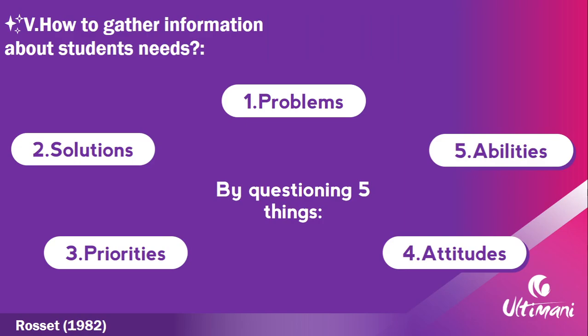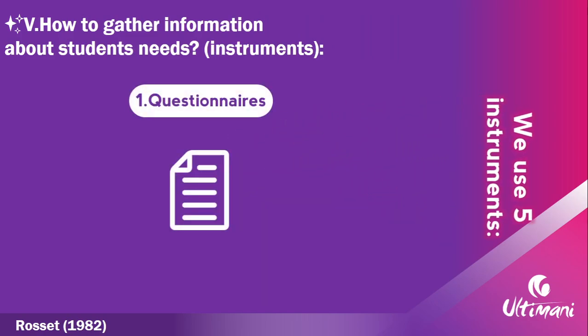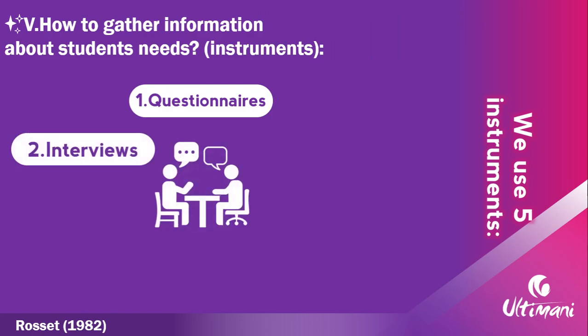We use 5 types of instruments. The first one is the questionnaires, and it's the best and the most effective kind of instrument. And the second type is the interviews. Well, they are open-ended and more suitable for asking about priorities and problems.